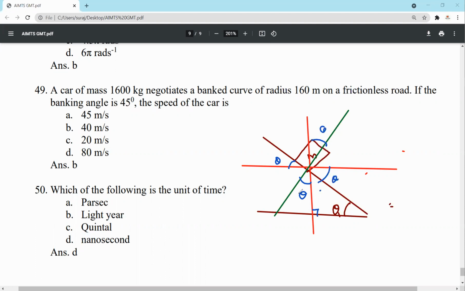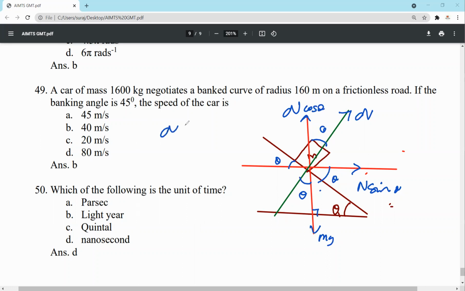So this is mg, this one is N, so it's N sine theta and N cos theta.